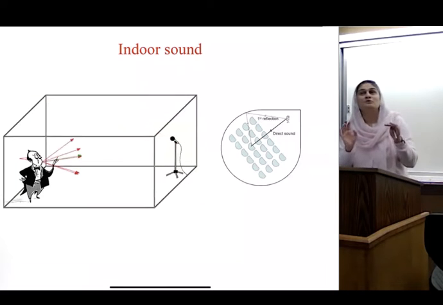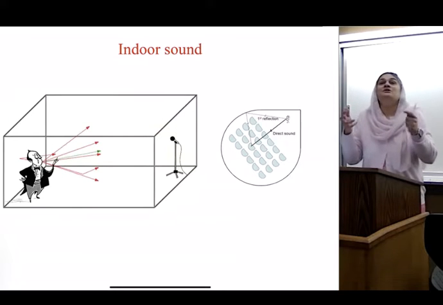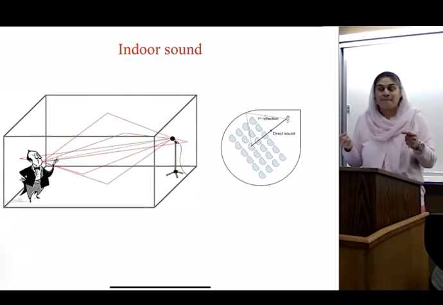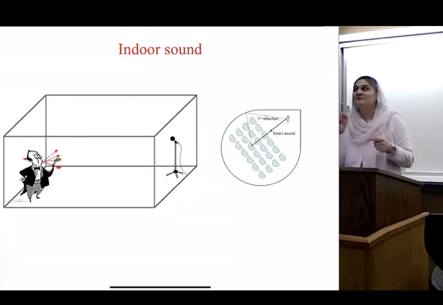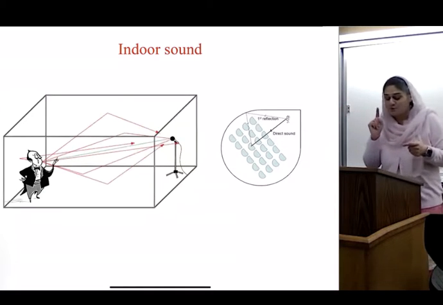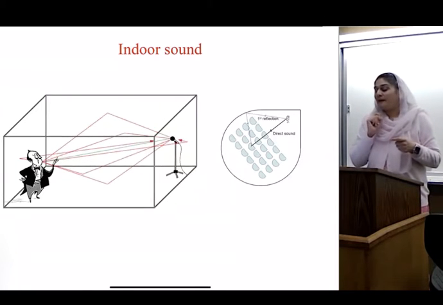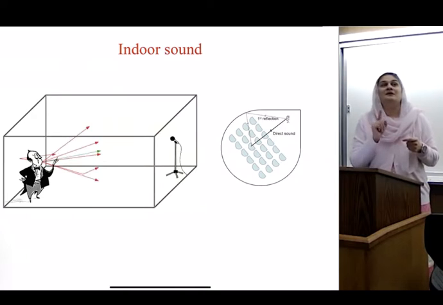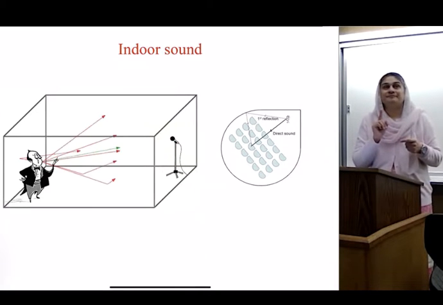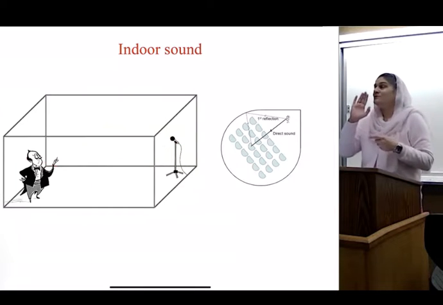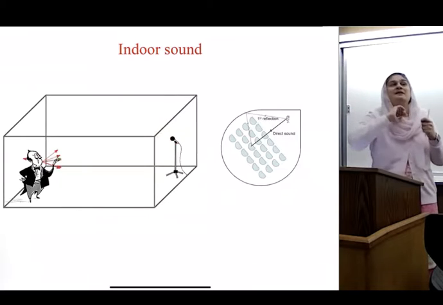the first thing that we have to worry about when we're designing a room is how many different kinds of sounds will be reaching your ear at any given time. So the first one that reaches your ear, hopefully, if the room is designed properly, is the green line that you see in this animation. And that green line is called a direct sound. It is the sound that leaves me and reaches you immediately.